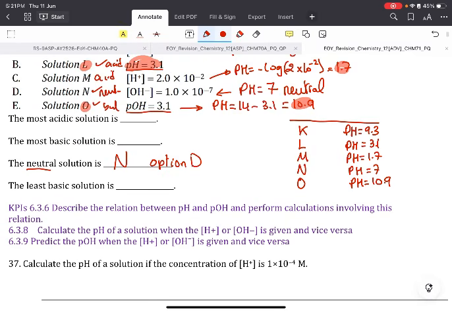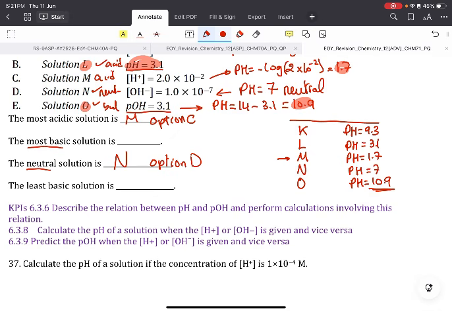So the most acidic is the one having the lowest pH. That's solution M, means option C. The most basic, it's the one with the highest pH.